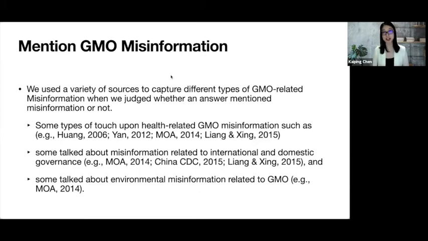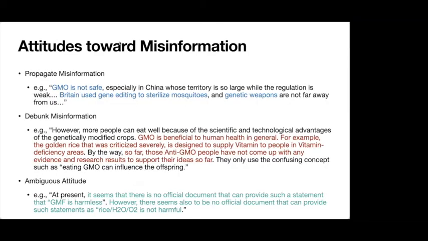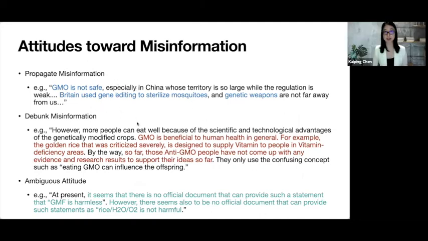In order to judge whether a post mentions GMO or not, we use a variety of sources, which two coders follow to judge whether a post is about GMO misinformation or not. And here are some examples of attitudes we use to see whether the poster propagates misinformation, debunks misinformation, or holds a very ambiguous attitude.